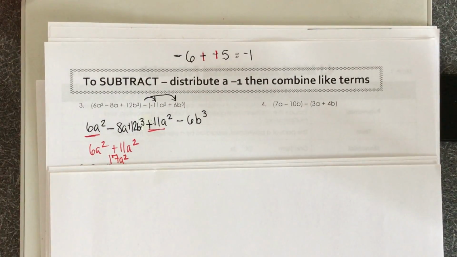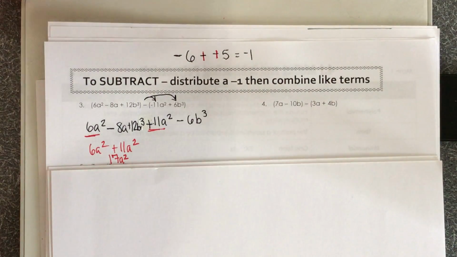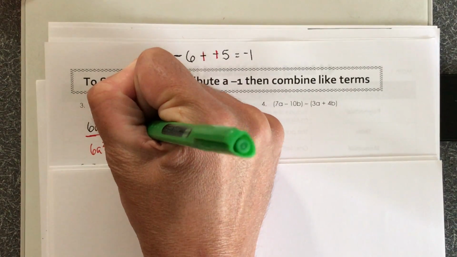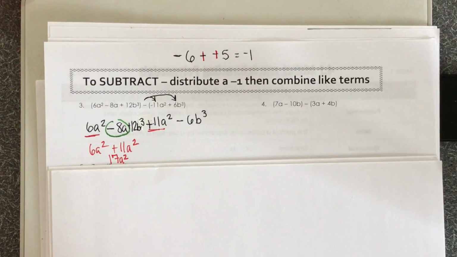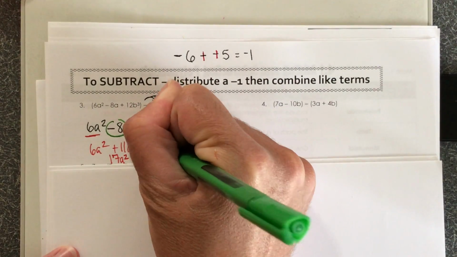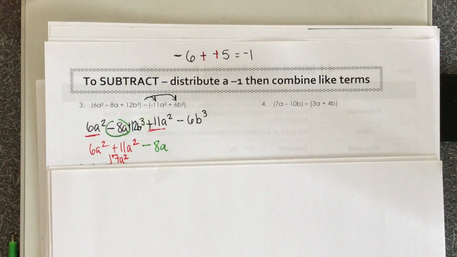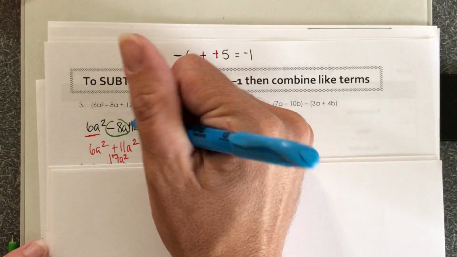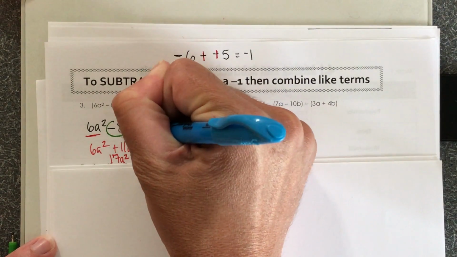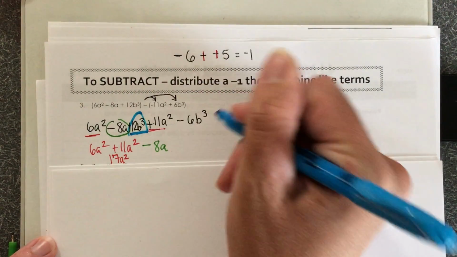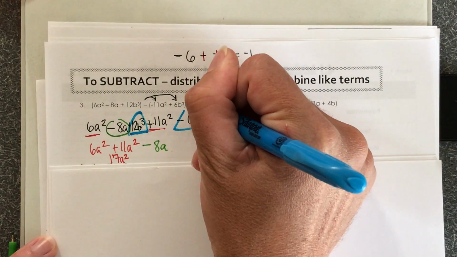Okay, so then next I'm going to go to my A's. So I have a -8a, and do I have any other A's? No, I don't. So I'm going to bring that down. And then next I'm going to go to my B's, and so I have a b cubed. So I've got a 12b to the third power and a -6b to the third power.